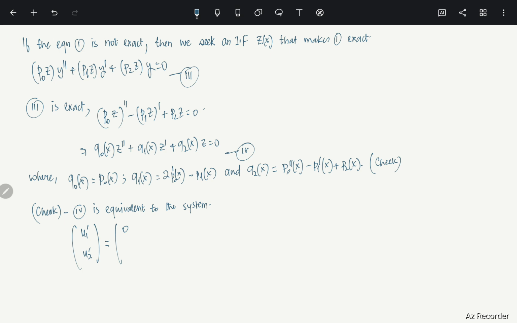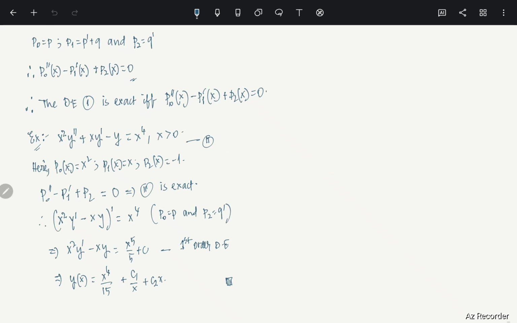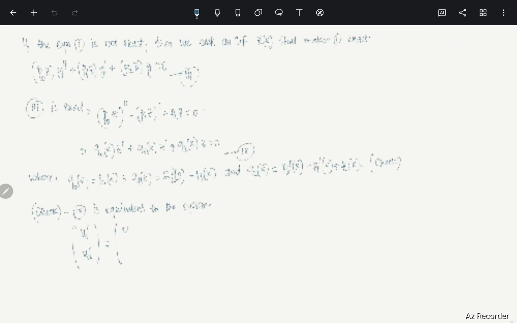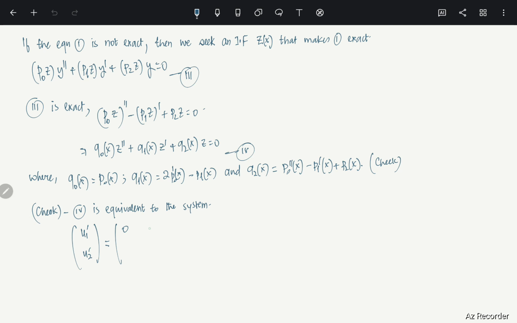I don't know which one I wrote here. Okay, this one. So you see this one, if you write it in terms of a system, it will look like this: u1 prime, u2 prime is 0, 1 by p naught of x, times u1, u2. Okay, I'm just writing.